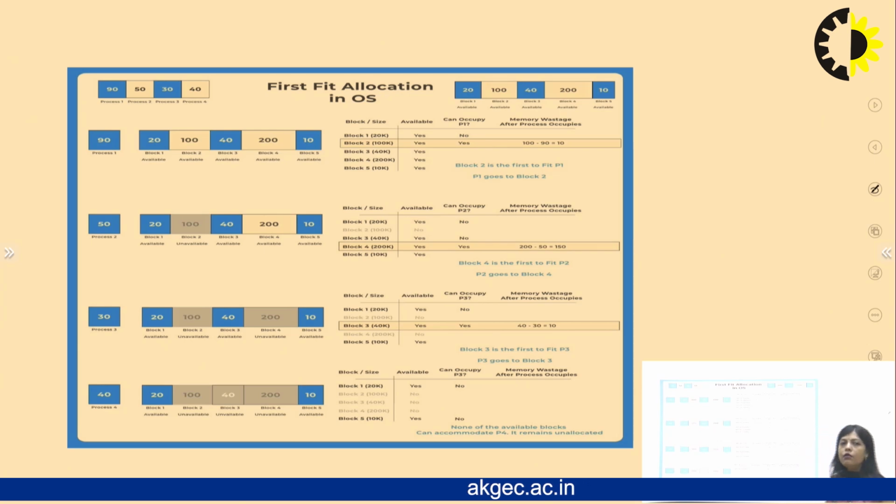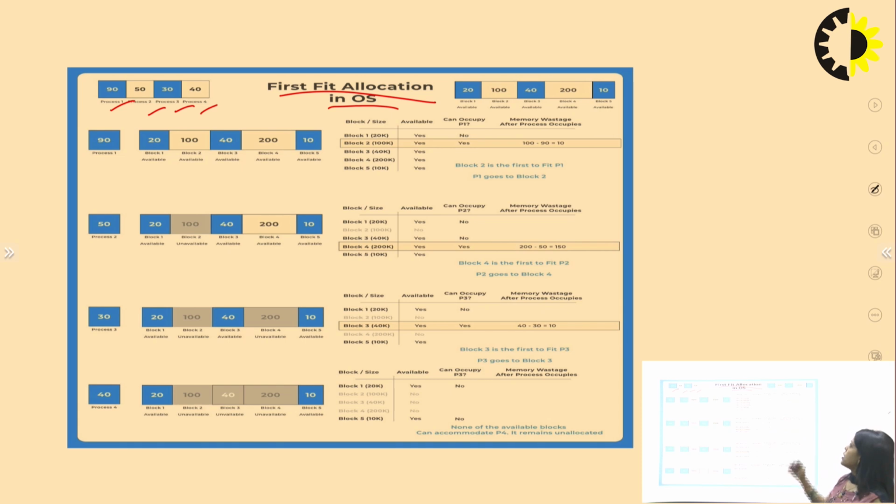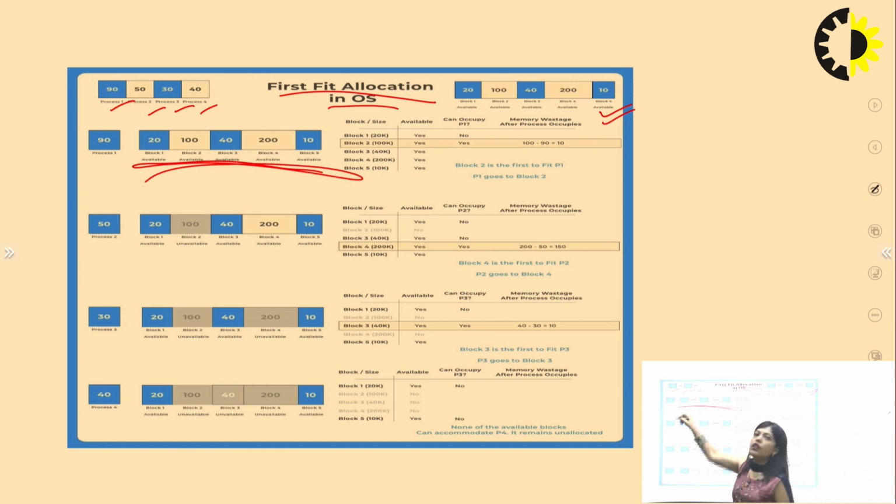As its name suggests, in this diagram we have first fit memory allocation in the OS. We have processes of 90, 50, 30 and 40, and these are the available memory blocks. First, process 90 arrives. We check one by one.